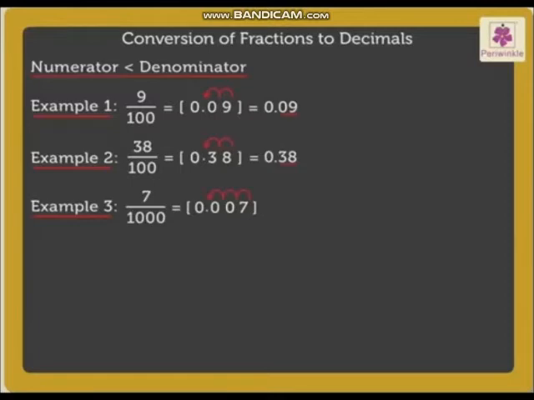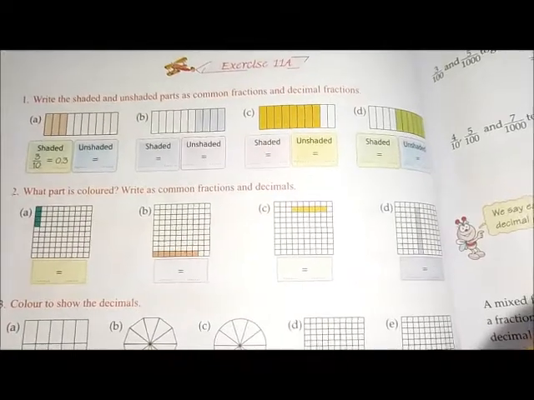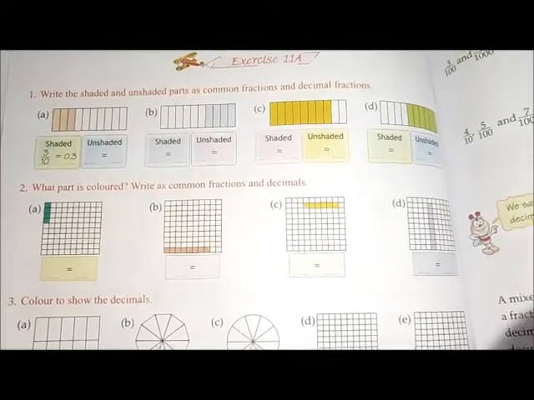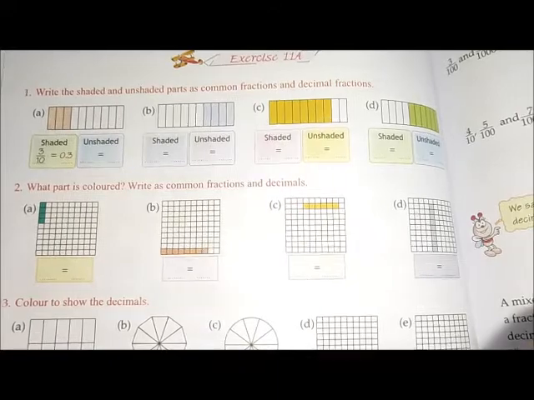Because in 1000 there are 3 zeros. So according to 3 zeros we are going to put the point 3 digits before. So after 7 and 2 zeros, what will we put? Decimal point. So the answer will be 0.007. So I hope you all understood what are decimal and decimal fractions.